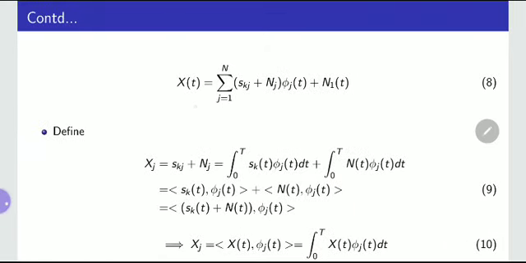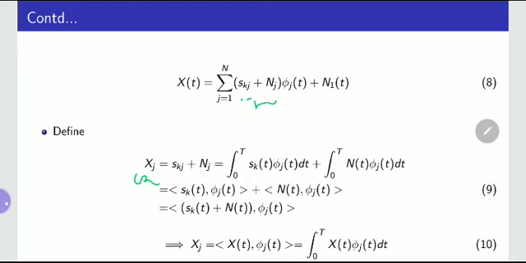So I can write x of t equal to sigma of skj plus nj times phi j of t, plus n1 of t. Now we will define a coefficient xj as the sum of skj and nj.